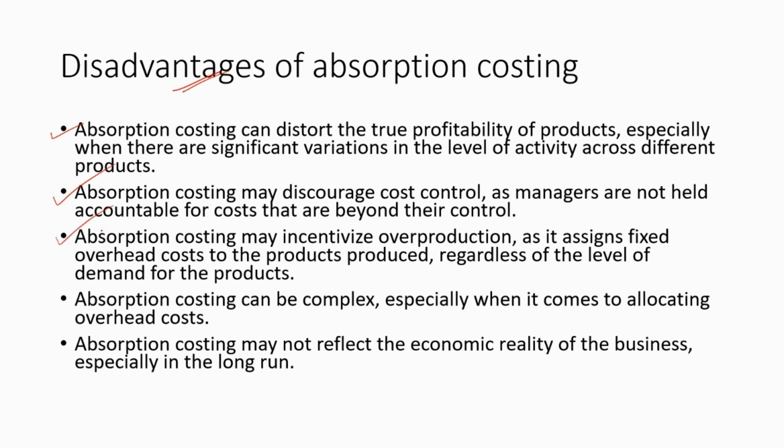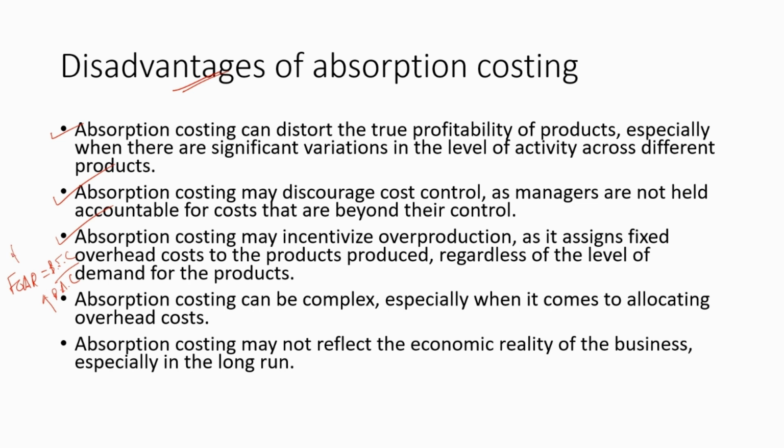Absorption costing may incentivize overproduction, as it assigns fixed overhead costs to the products produced, regardless of the level of demand for the products. Think about this, how do we calculate the FOAR? We divide the budgeted fixed cost by the budgeted activity level. If the budgeted activity level increases, what will happen to the FOAR?